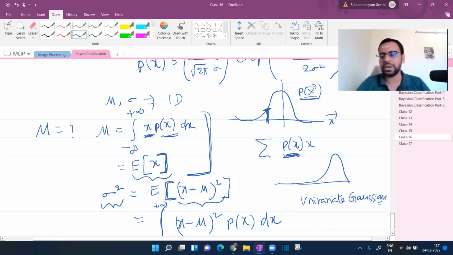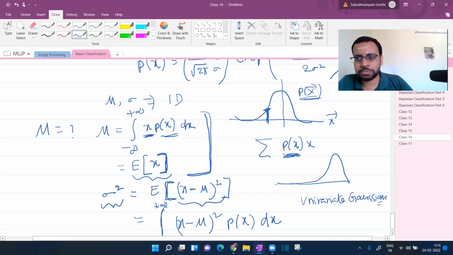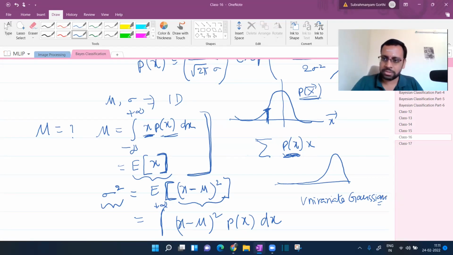Okay. So what I will do now is let's write an expression for what we now call a multivariate. It means all it says is it can vary in multiple directions. That means it's a multi-dimensional Gaussian distribution. So that's what we will do in today's class.